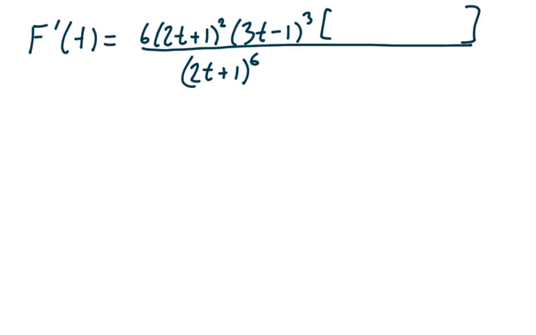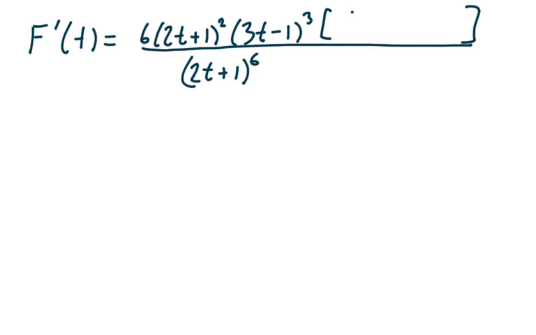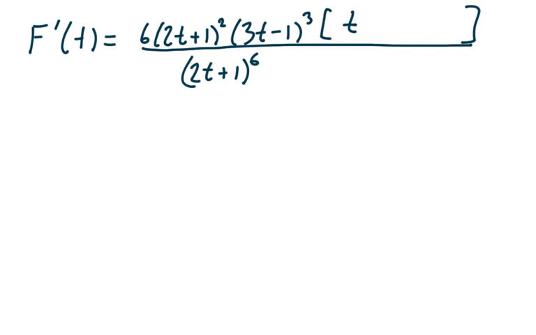Inside the brackets, I get the following. I get 2 times 2 is 4, so that's 4t minus 3t, which is t. And then 2 times 1 is 2. A negative times a negative is a positive, so essentially I'm getting 2 plus 1, which is 3. So I get t plus 3.